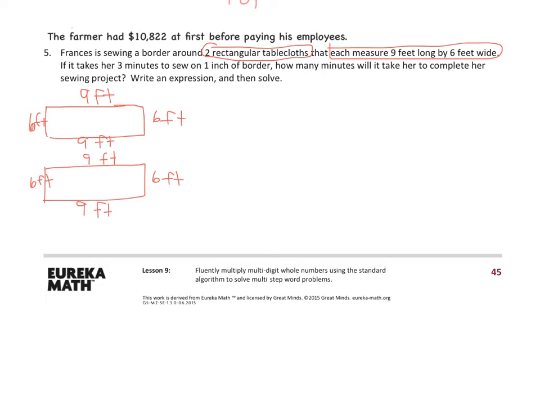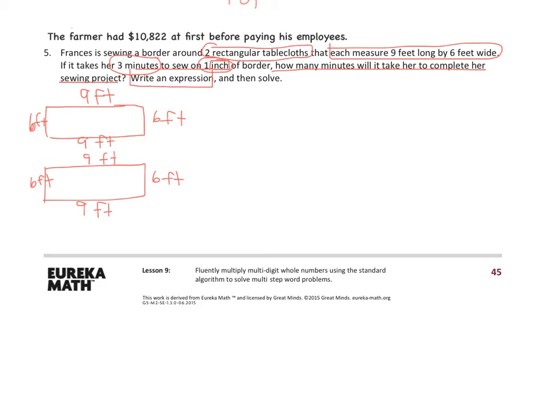If it takes her 3 minutes to sew 1 inch of border, okay, so now we're talking about an inch border. To do an inch, it takes her 3 minutes to sew. They want us to figure out how many minutes it will take to complete her sewing project. They want us to write an expression.